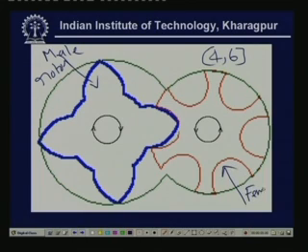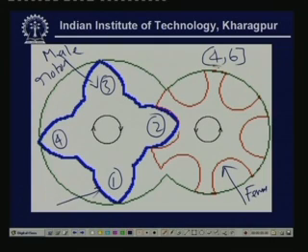and this is the female rotor. The male rotor has lobes, this is 1, 2, 3, 4, it has 4 lobes, that is why we call this 4, and the female rotor has 6 gullies, this is 1, 2, 3, 4, 5, 6. This male rotor is the driving one and it drives the female rotor.